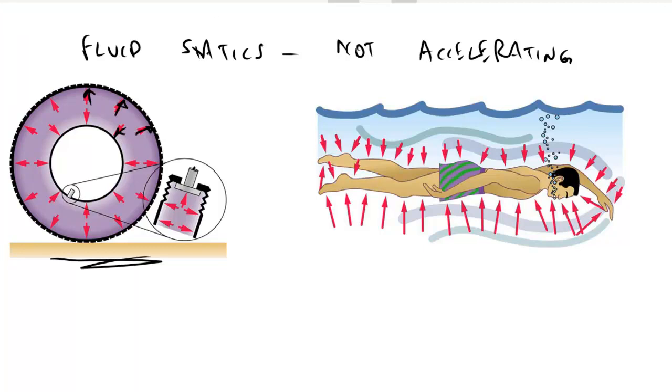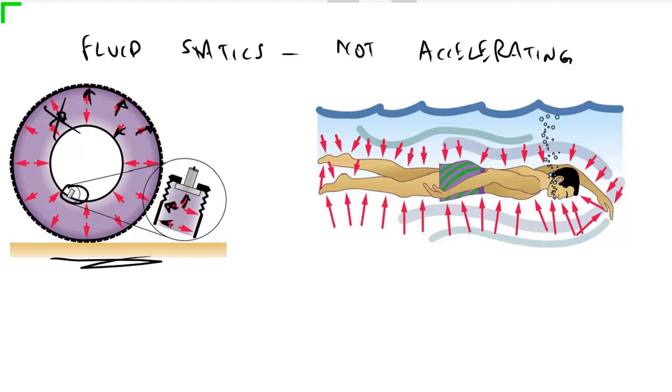There are no sideways forces here. There's no shear forces in a static fluid. Okay, so it's always perpendicular. If you look, we have an inset on the right here where you fill up the tire. This is always perpendicular to the walls, so the pressure acts perpendicularly.